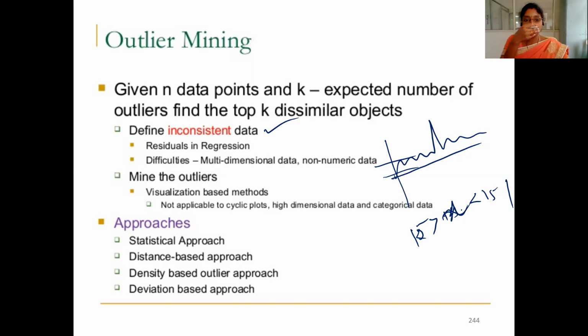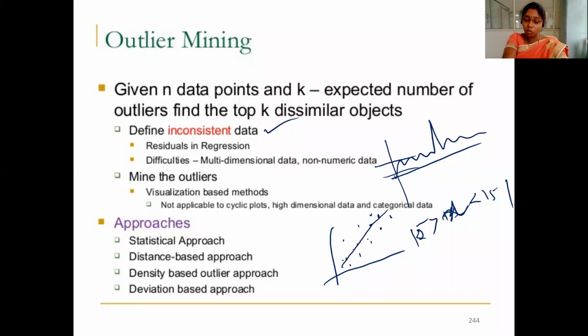Sometimes for this, you need to identify the residuals in regression. If you consider the regression analysis, we have already covered the regression analysis topic. Some data points may fall on the line and some data points may differ, right? So you need to find out the residuals in regression.